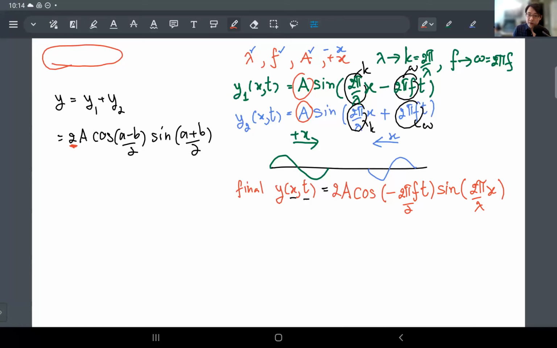How do you feel? I don't know what you feel, but at least that's just following the straightforward summation between 2 functions. Let's rearrange this one a little bit, shall we? Isn't it just 2 pi f t in the cosine? Okay, let me see.